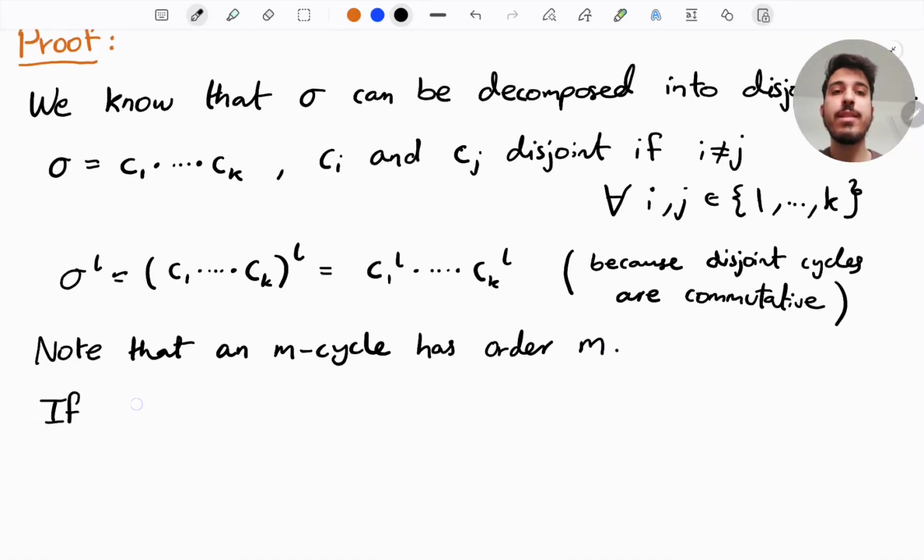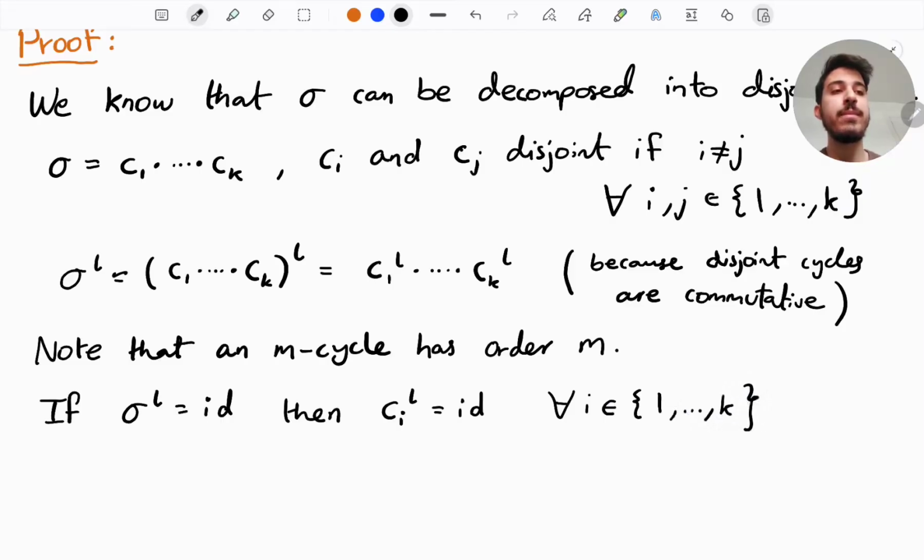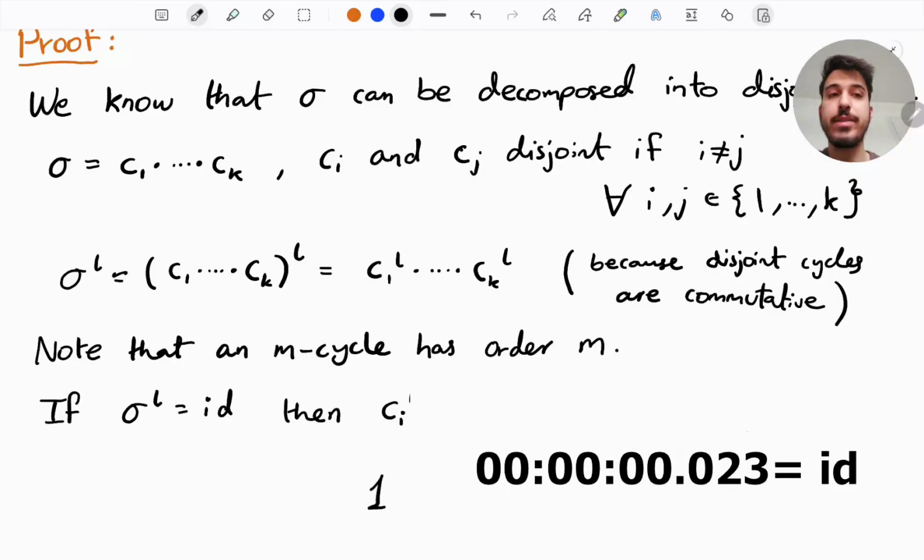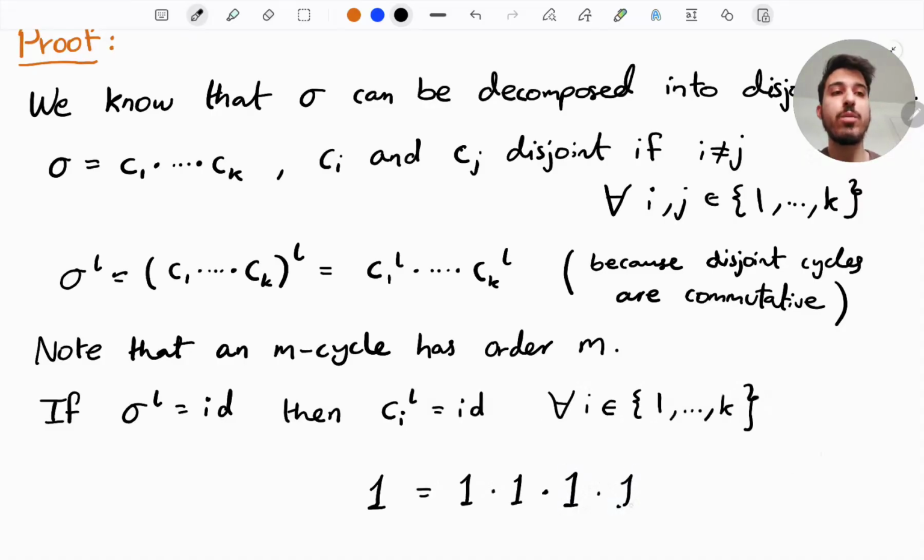If sigma to the L is equal to the identity, then it is necessary that Ci to the power L is equal to the identity for all i between 1 and k. Which makes sense because sigma is the product of all these Ci's. Otherwise, we would have a contradiction.